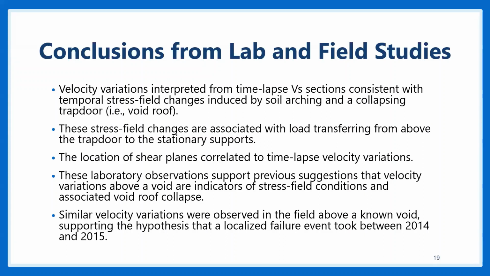However, this is just one cycle of collapse that's potentially been observed. And this cycle of collapse in the field is also, I believe, the first field study that has shown this progression in change of velocity over time related to a failure event. So there are a lot of what I believe are firsts in the study, which is pretty exciting.